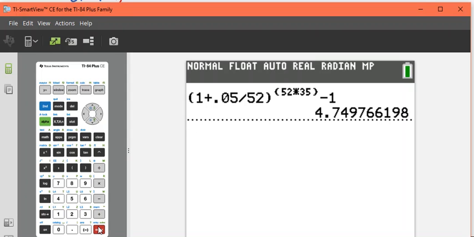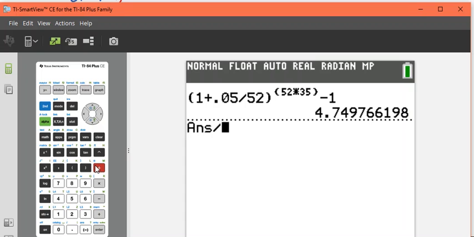You need to take this entire result and divide by the denominator. No rounding until the final answer, so you need to carry all these digits. So all we're going to do is hit the division key. It's going to take that decimal and divide by the denominator. You need to be careful here. The entire denominator needs to be in parentheses.